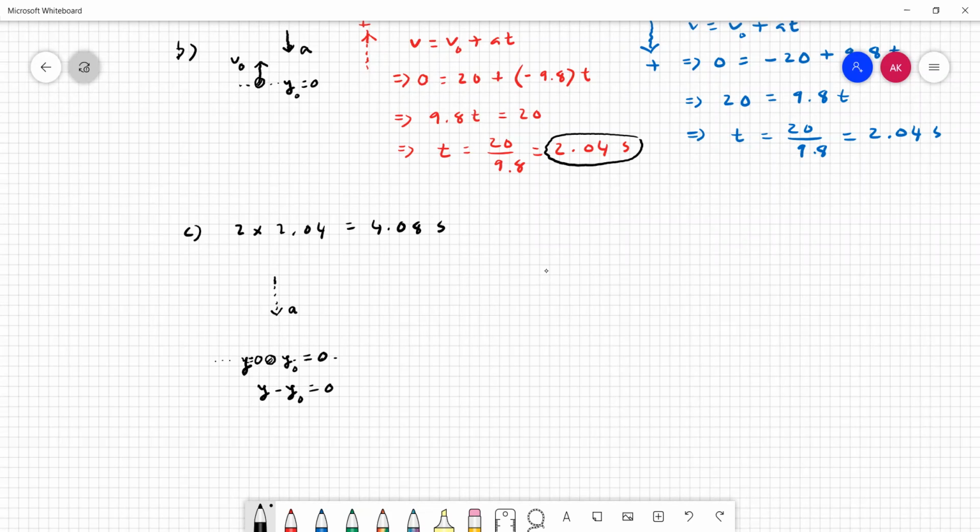Another thing: the ball was thrown in the upward direction with V naught. When the ball comes back down to the ground, at what velocity do you think the ball strikes the ground? Will that be zero velocity, or will it be more than zero velocity?